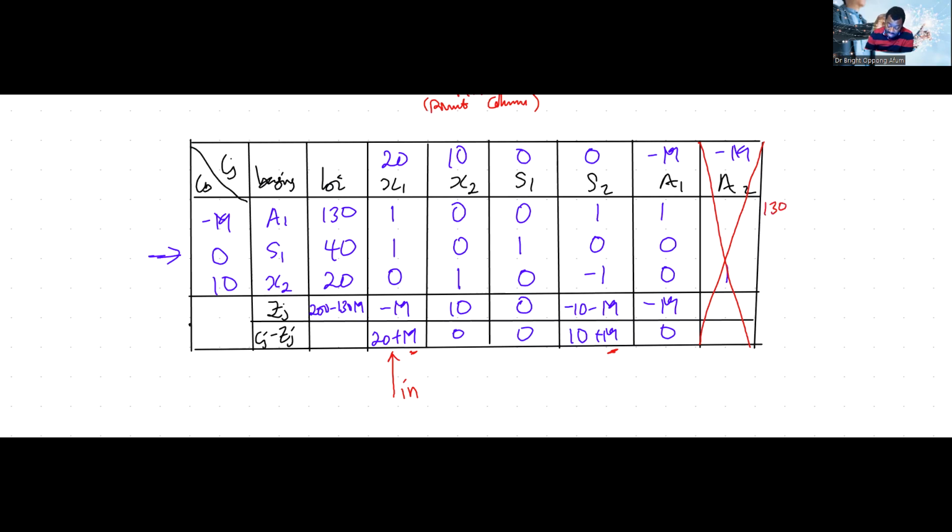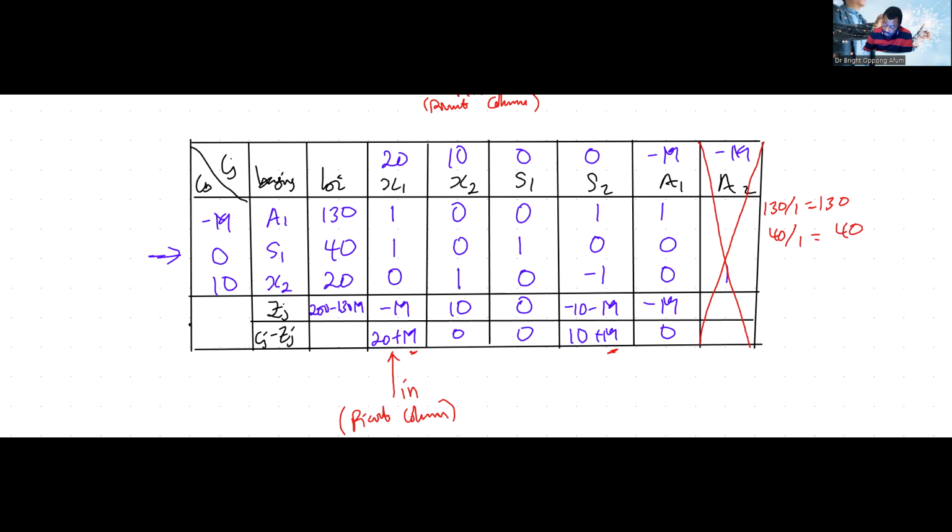So this is what we do. 130 divided by the pivot column number, which is 130. So this is the pivot column. Then 40 divided by 1, which is 40.